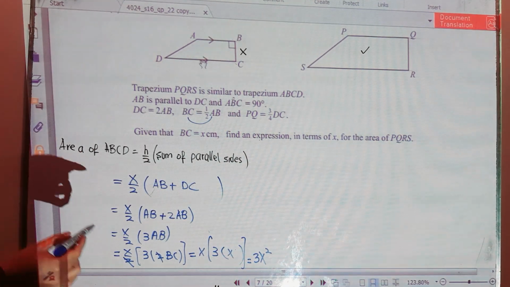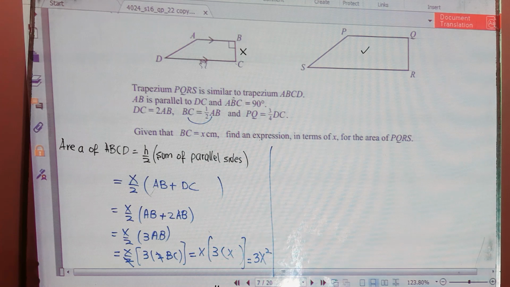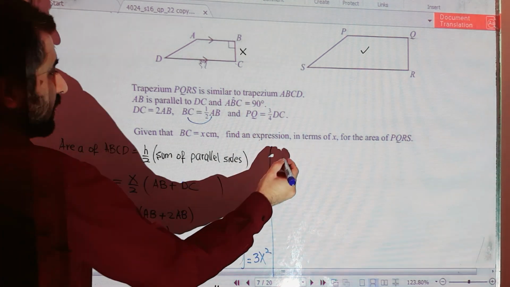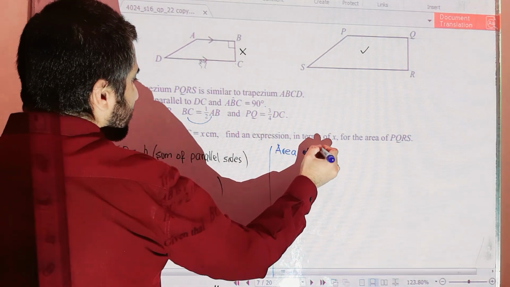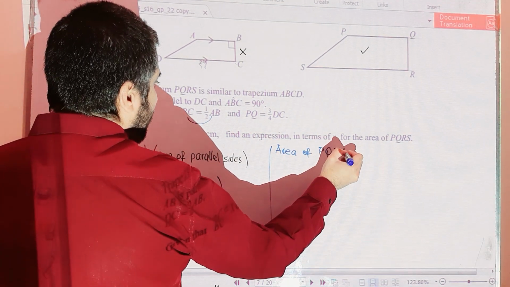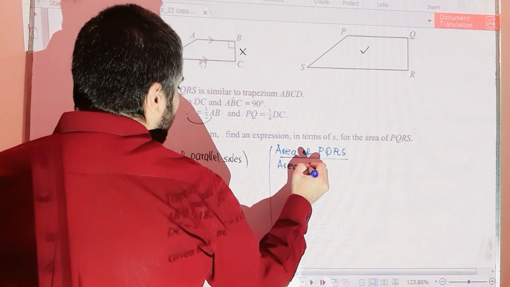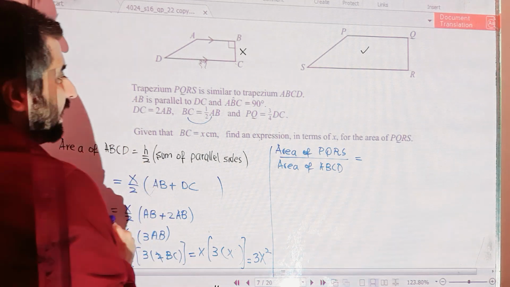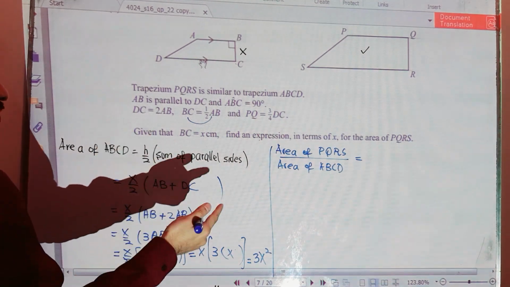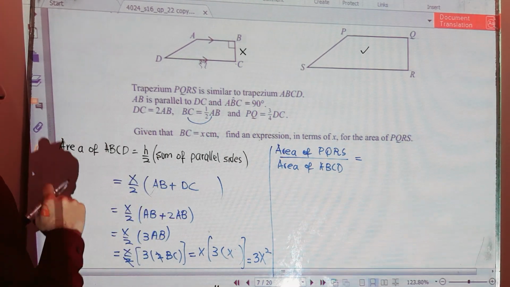Now because these two trapeziums are similar, the ratio of the area of trapezium PQRS to the area of ABCD must be equal to the ratio of the squares of the corresponding sides.